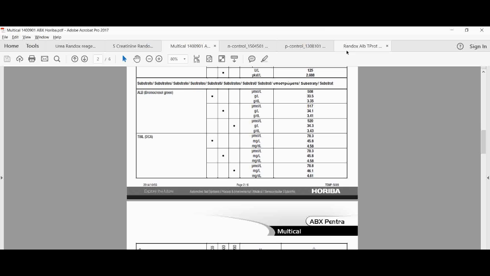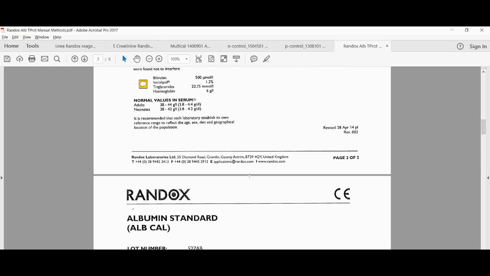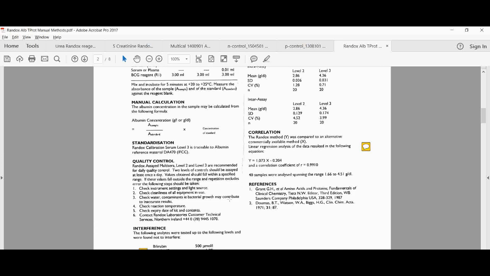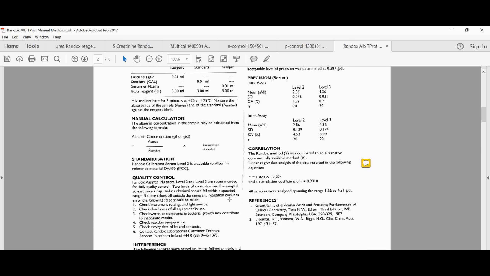But in this case, let's say we've used the Randox calibrator. So then the standard absorbance value is always going to be the same for this analysis, and the concentration of the standard is also going to be the same, and the only thing that will change is the absorbance of the sample.